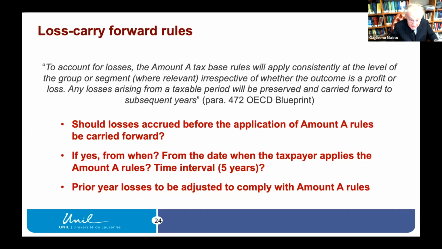The last point is on adjustments to comply with AmountA rules, and so I would again solicit comments, especially from business. And I have one particular point which perhaps was touched this morning by Norman when addressing the general aspects of the entire mechanism.